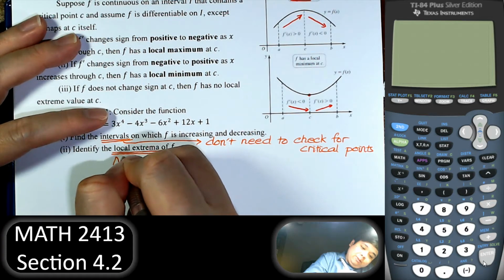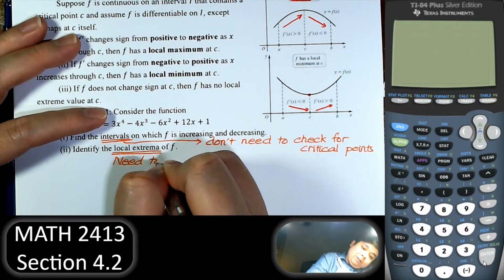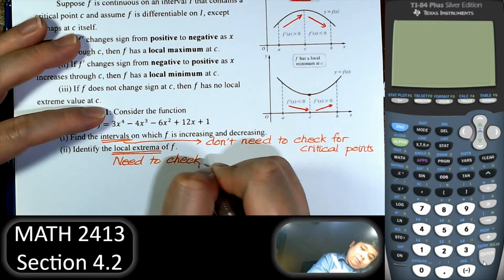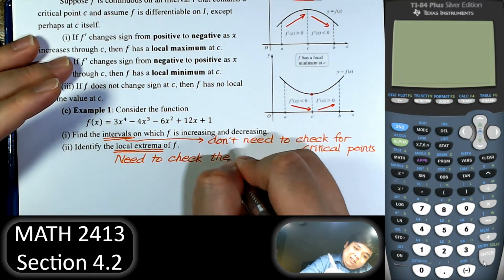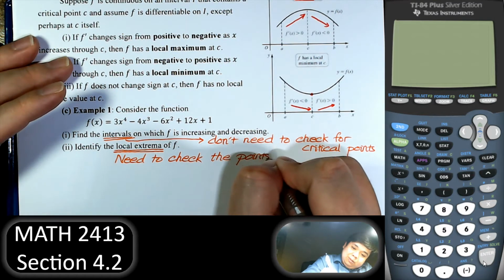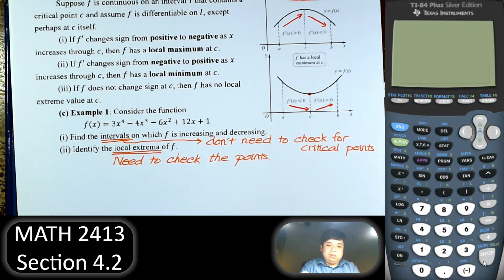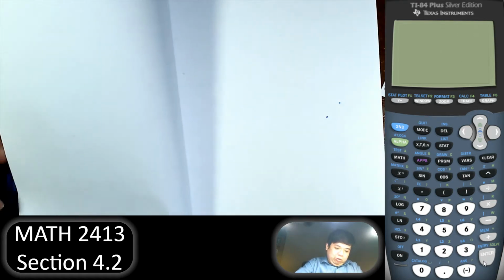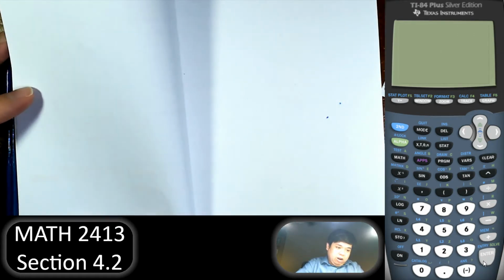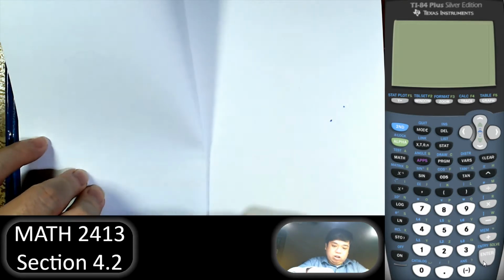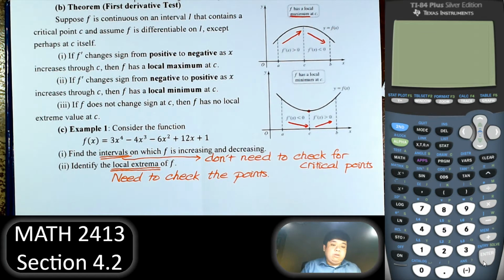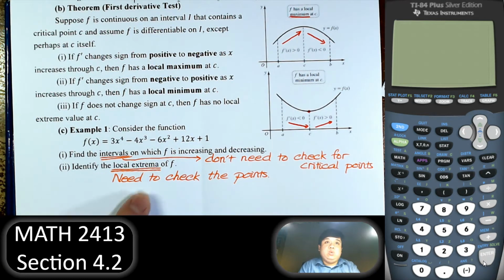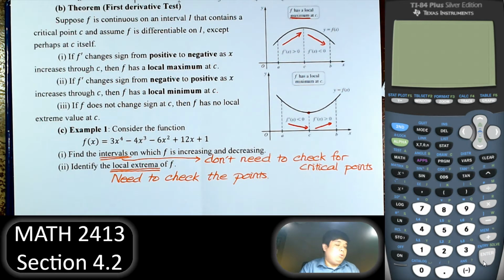So in this case, definitely we need to check the points. If we find an interval, we don't need to, but if we are trying to find local max or local min, we need to check the points. Right. So the first step is to find partition numbers if it is for intervals. But in this case, since we need to check the points, just find the critical points.